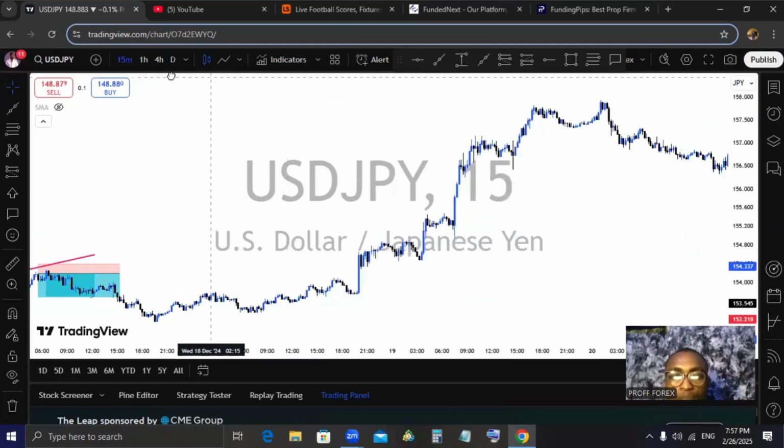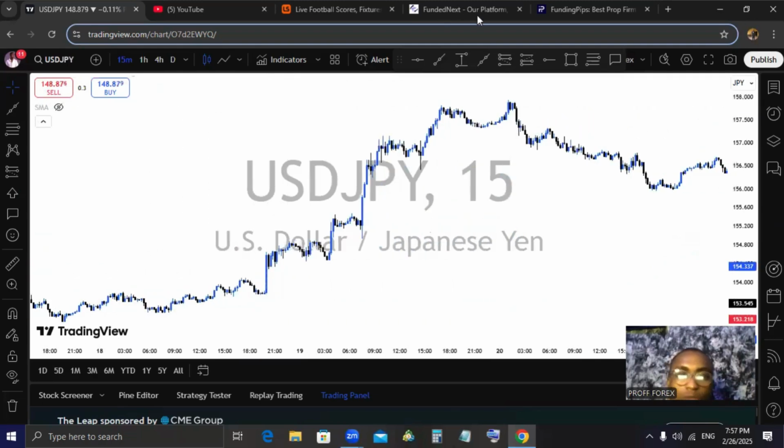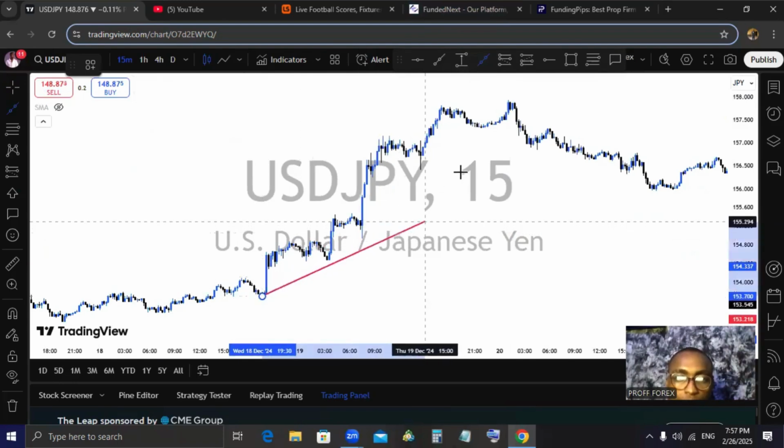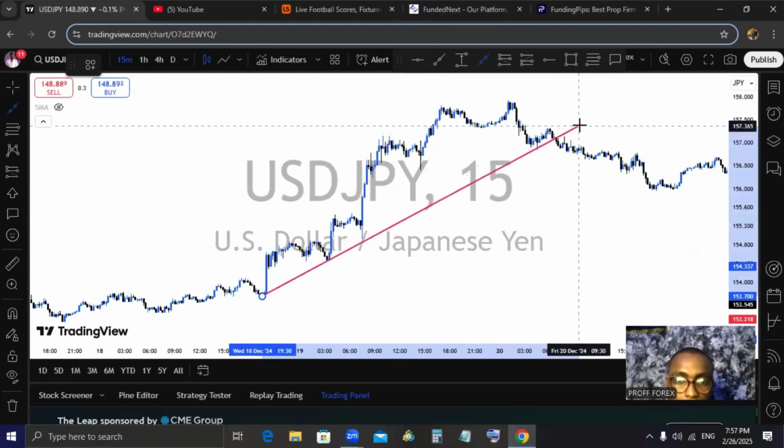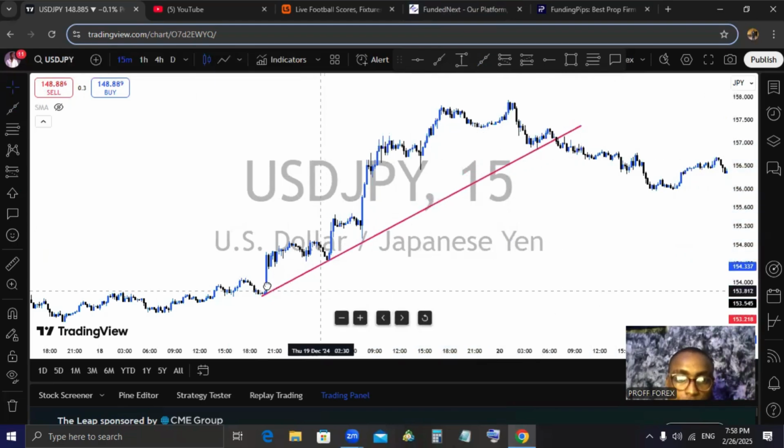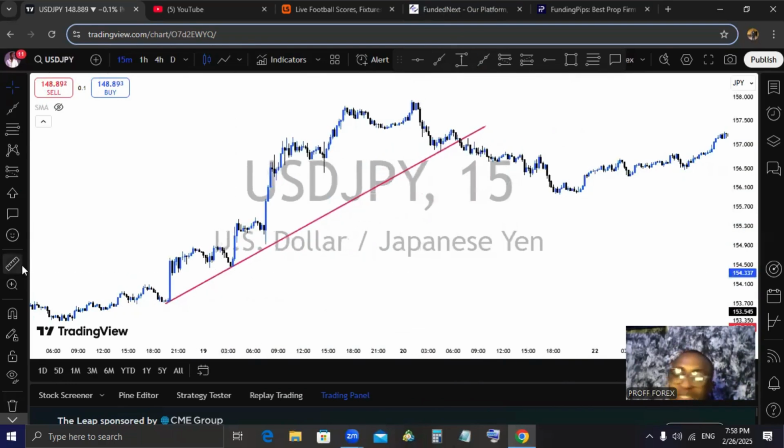I have seen that trend line zone already. This is another zone.